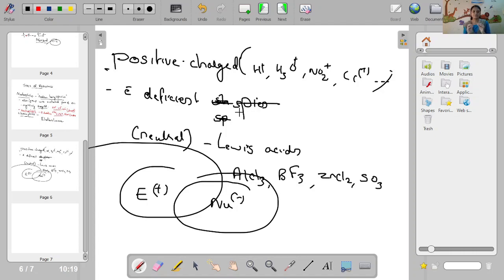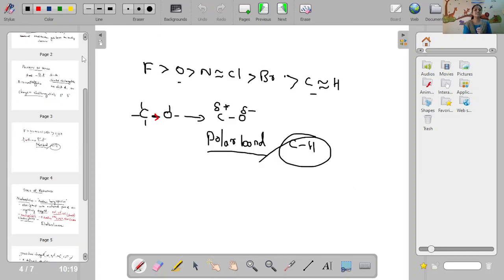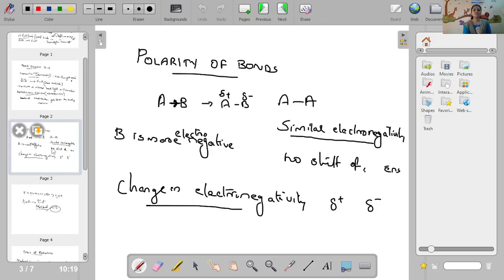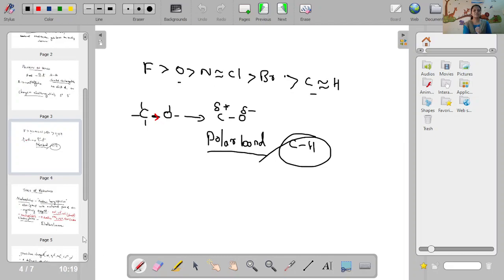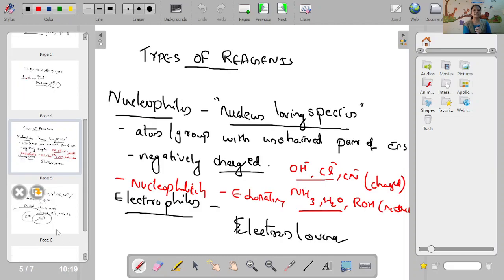Not from an exam point of view, but for information you should know the meaning of curved arrow and half hook arrow. Then polarity. Polarity is due to change in electronegativity, so you should remember the order of electronegativity. Then finally types of reagents, nucleophiles and electrophiles. Okay, thank you.